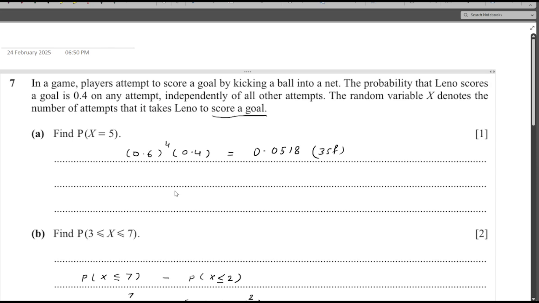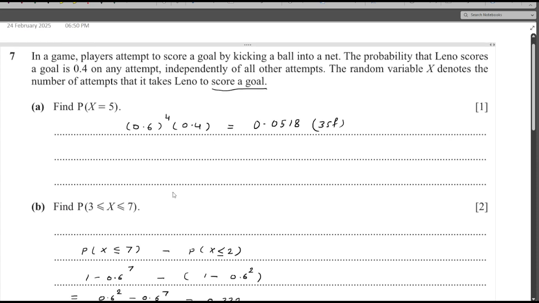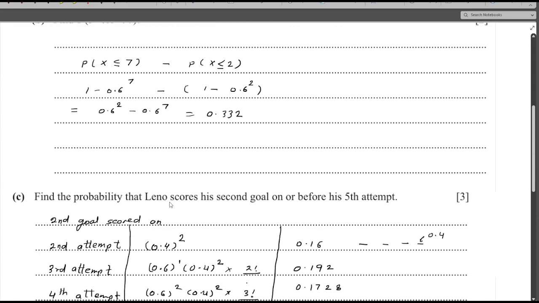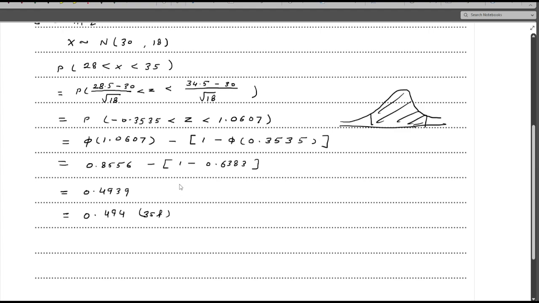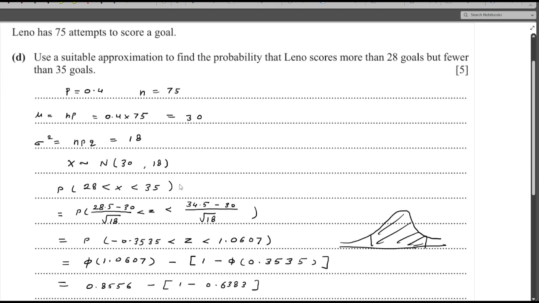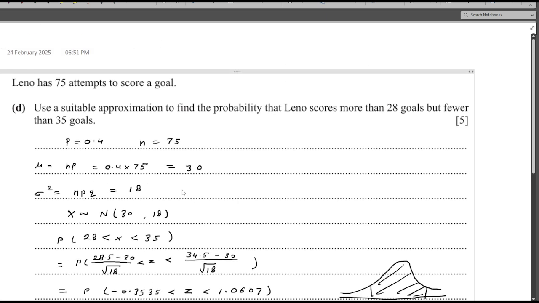Now part A was a geometric distribution, part B was also a geometric distribution, part C had some condition given, like the probability of Lino scoring his second goal on or before the 5th attempt. So second, third, fourth, fifth, all different cases we have to consider. So that problem is related with different cases, and finally your D, where we use the approximating distribution. So this is your final question of this paper.